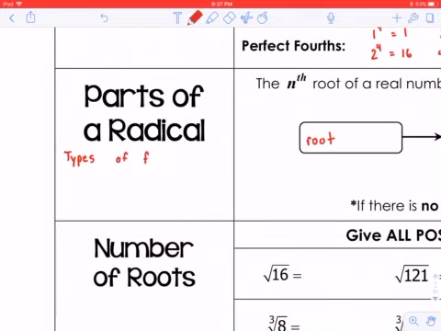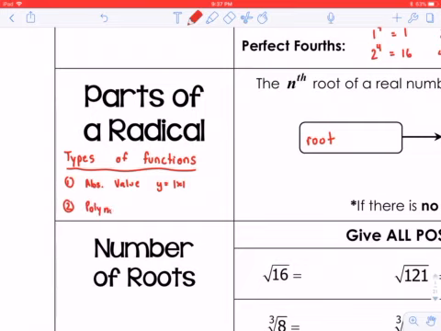So we've dealt with only 2 types of functions so far. The first type is your absolute value functions, like y equals absolute value of x and things like that. The second type, which really encompasses every other function we've done, is polynomials.